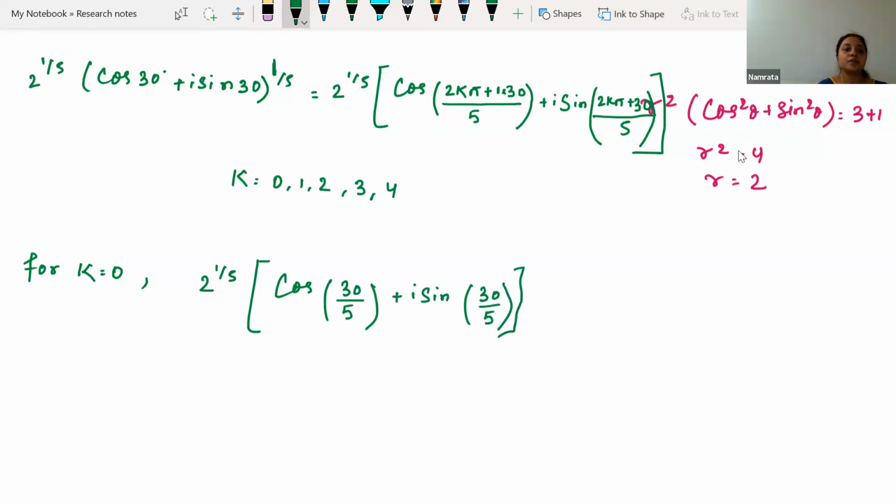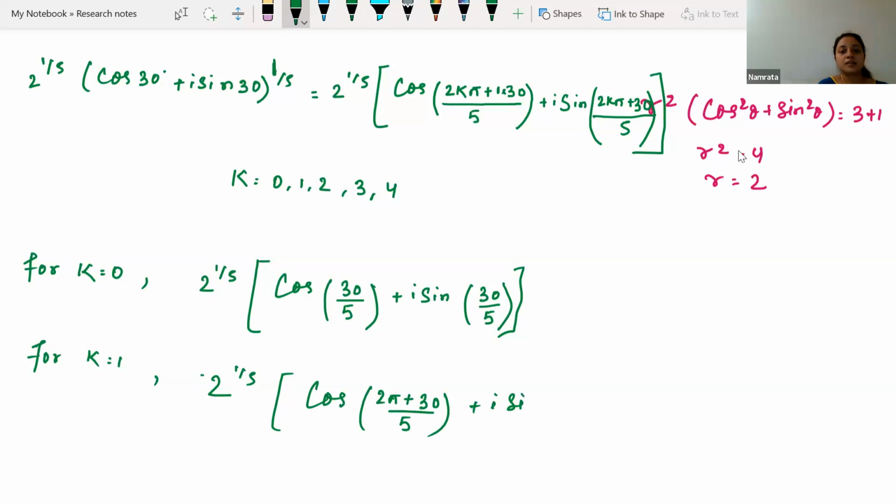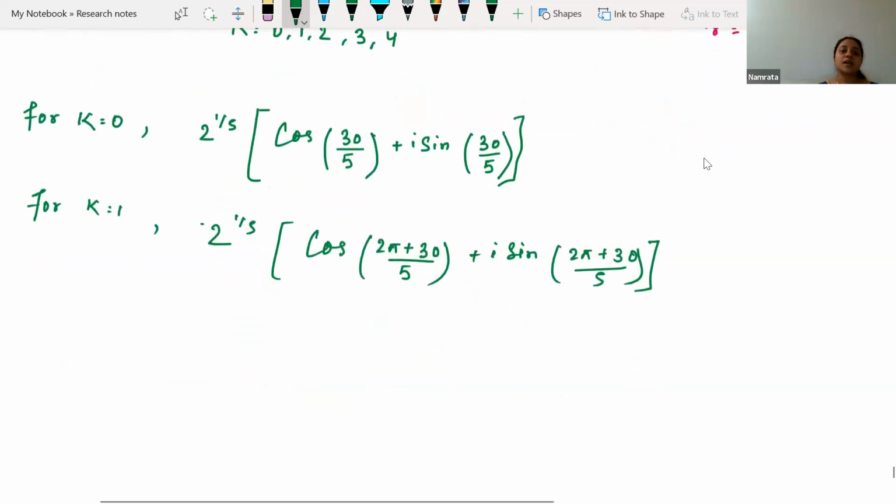When k equals 1, our expression will be 2 to the power 1 by 5 cos of 2 pi plus 30 by 5 plus i sine of 2 pi plus 30 by 5. We will be coming back and will be finding the angles also. Let's write all the k values first.